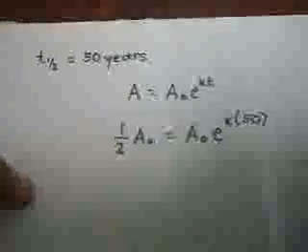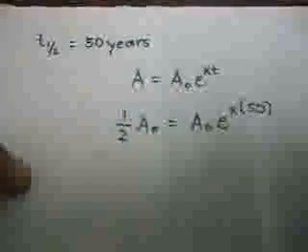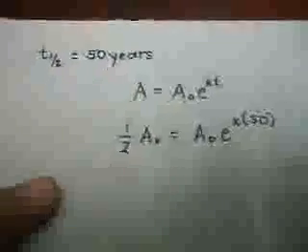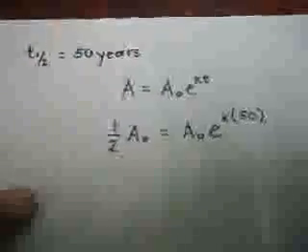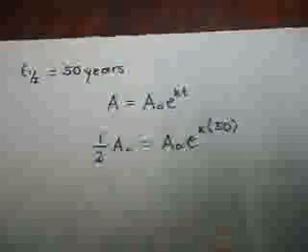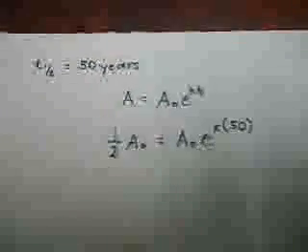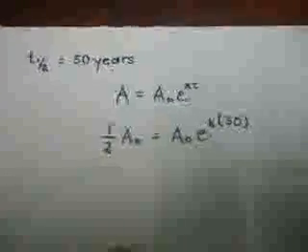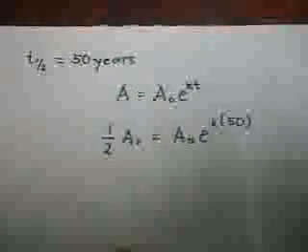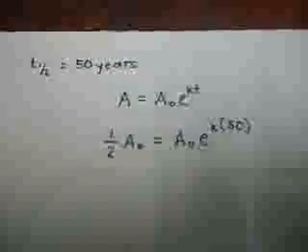Now, in this equation, we don't know the value of k yet, so we should look for that. And we will use the given half-life, which is equal to 50 years. So here I substituted t with 50, which is the half-life, and by definition the half-life is the time required for 1/2 of the original substance to disintegrate.